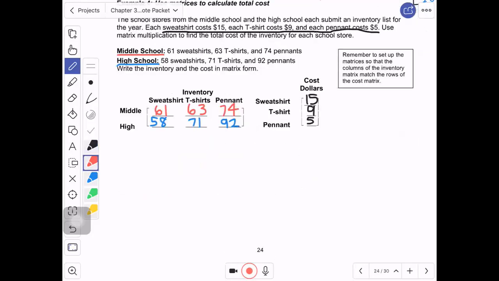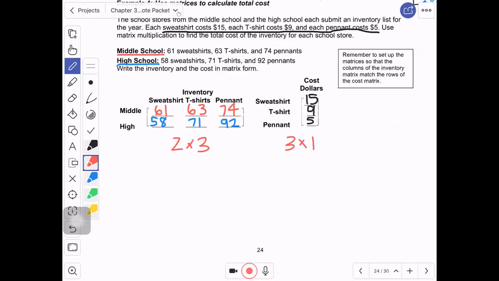Our inventory matrix is a what? What are the dimensions of our inventory matrix? Jordan? Row by column. Yeah. And what about our cost? 3 by 1. So then when we multiply these together, does the number of our columns match the number of our rows?